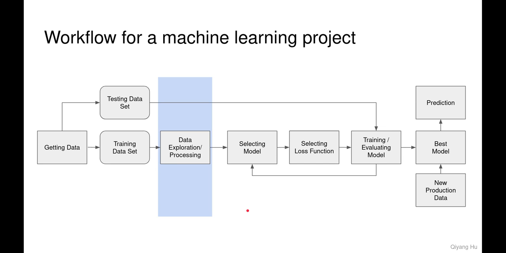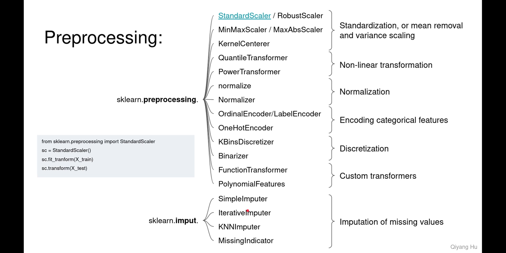For example, in the data exploration and data processing stage, Scikit-Learn provides tons of tools for preprocessing, like standardization or mean removal and variance scaling, nonlinear transformation, normalization, encoding categorical features, discretization, and customized transformers. We will give you an example about StandardScaler. StandardScaler means standardizing features by removing the mean and scaling to unit variance.